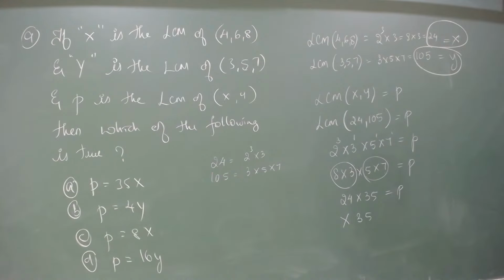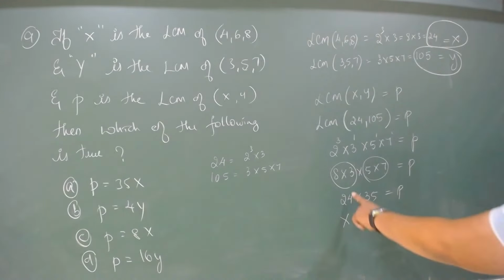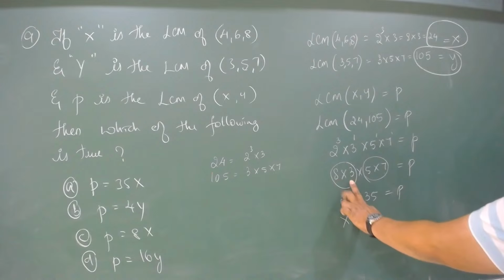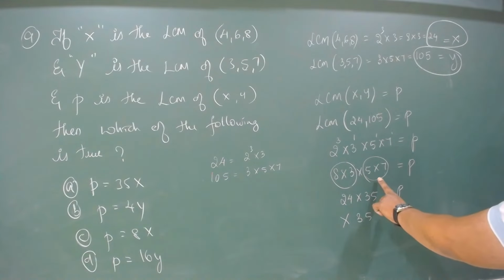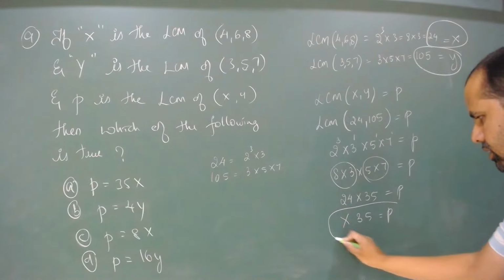Observe, I am using the same numbers present over there. So I see that we have 35 and x. X is nothing but 8 3s are 24, and 7 5s are 35. So 24 into 35 is x into 35.